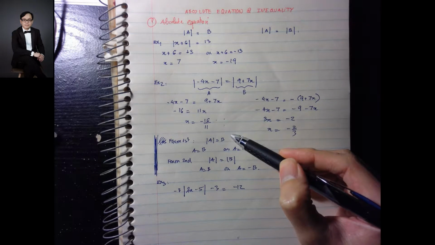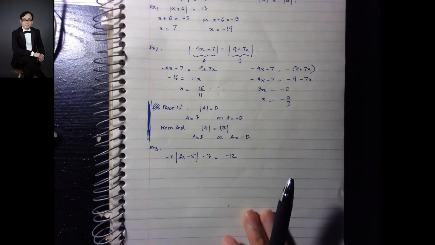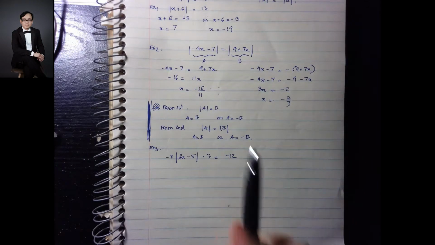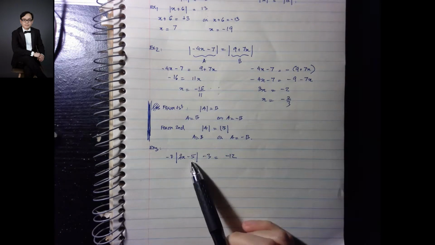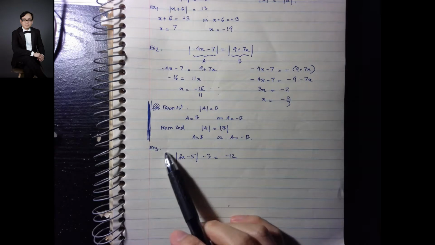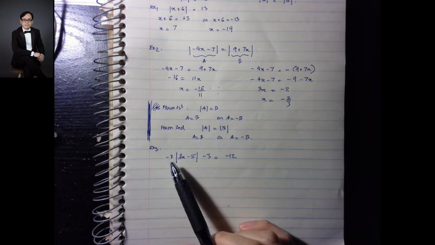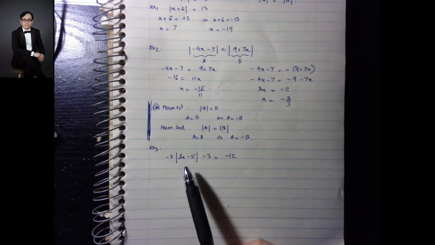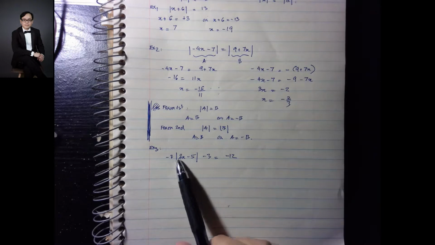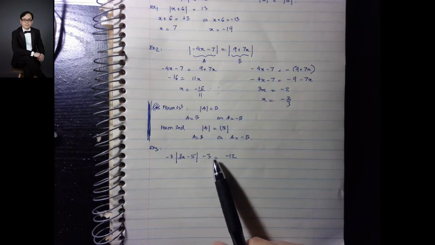Now look at example number 3. In front of the absolute bar we have negative 3. We're not allowed to have this if we want to use the first form. And we also have negative 3 here after the bar.